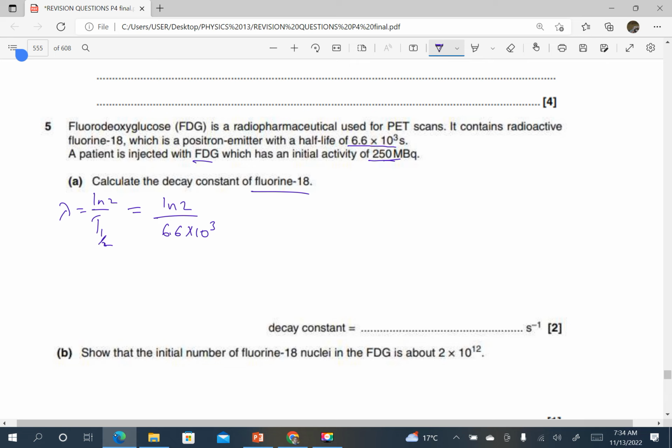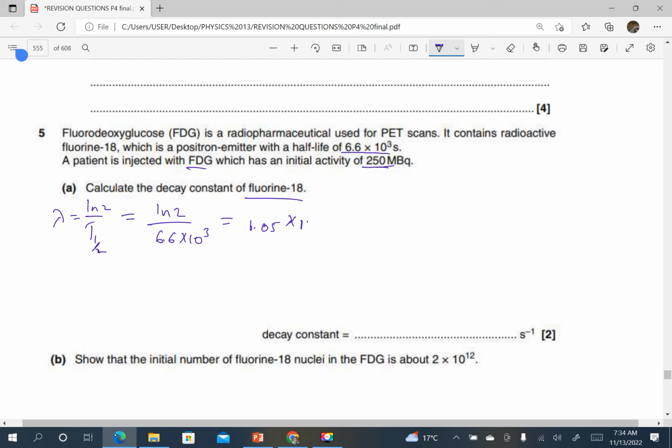And when we press our calculator, this is giving us 1.05 times 10 power negative 4.